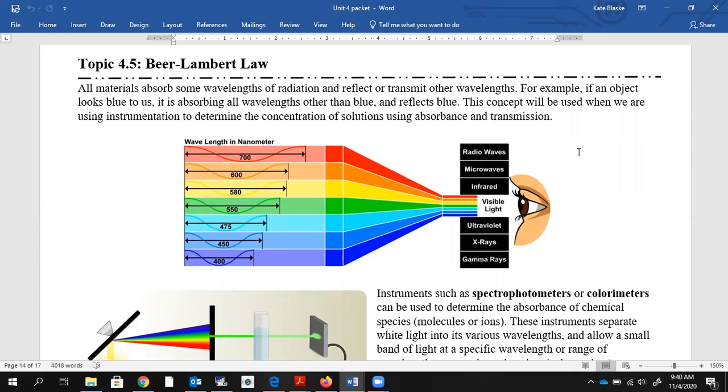So when that light gets bounced off of that shirt, it goes onto your eye, and then you can see those different colors. So if that shirt is absorbing all other wavelengths, it means it is transmitting or reflecting that blue. Normally, we talk about absorbing and transmitting when we're talking about solutions where that light can pass through it and not necessarily opaque substances like fabric.